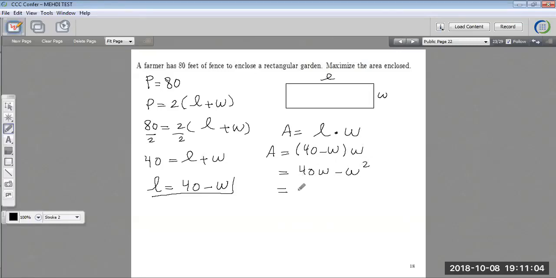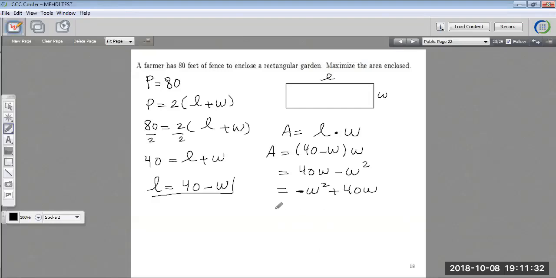So this would be equal to minus W squared, I'm going to write in standard form, plus 40W. Now to maximize this, we really want to find, this is a parabola that opens upward or downward. The coefficient of W squared is negative, right? So the parabola opens downward. So the maximum point would be the vertex.